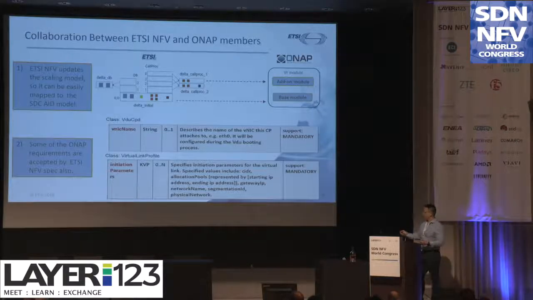Those are two examples that I would like to share. The first one is about the scaling module. In our spec, we have the delta initial, and we have several delta level concepts in our scaling.